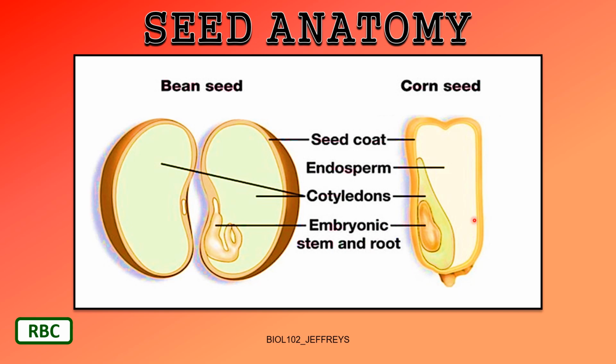Okay, so here's just generally seed anatomy. Here's the bean that we looked at. Seed coat is that hard outer coating that protects the embryo inside. We can see the embryo here and the embryo there. And we can see the germ leaf, one cotyledon here in the corn. We see two cotyledons here. And if you take a bean and you split it down the middle, there's a cotyledon on one side, a cotyledon on the other.